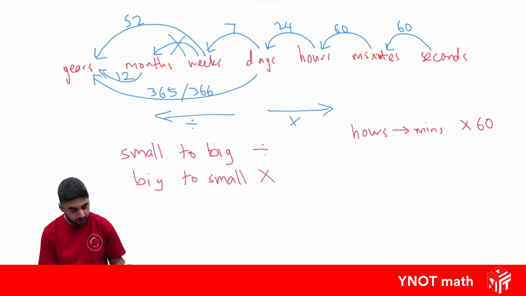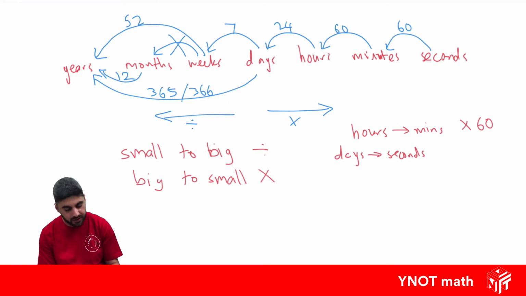What if I want to go from days to seconds? I want to go all the way from here to here. And because I'm going from big to small, I need a times. And I need a times by every one of these numbers to get from here to here. So I'm going to have to times by 24 first, then 60, then 60 again.